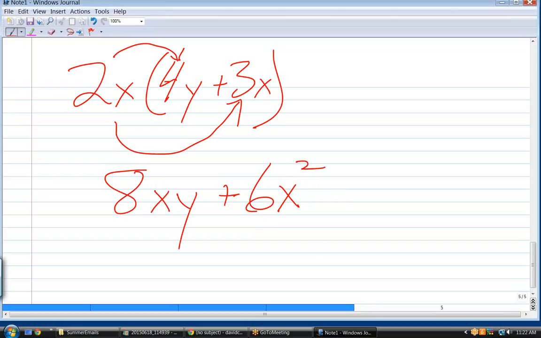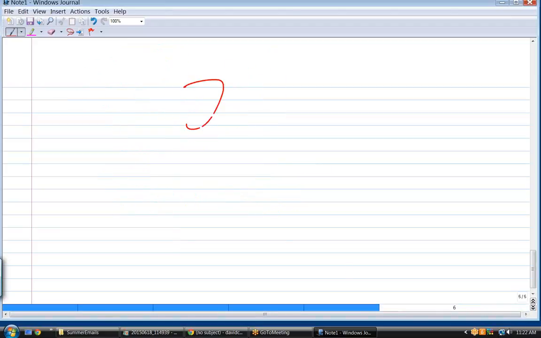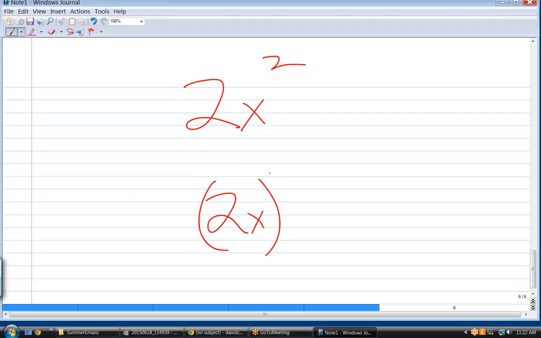Now, let's talk about that for a moment. There's a difference between this and this. In the first case, in fact, let me change the number here, just so I don't confuse you with my numbers.